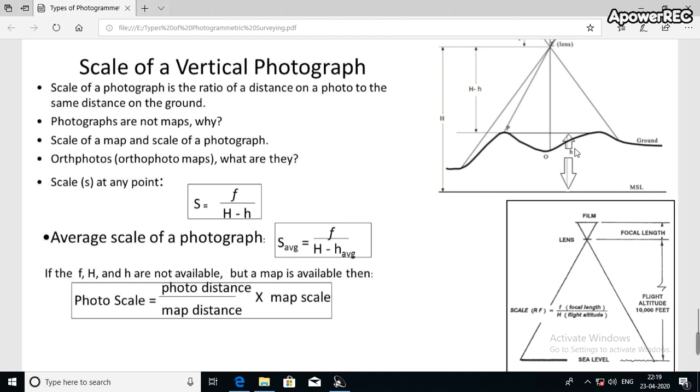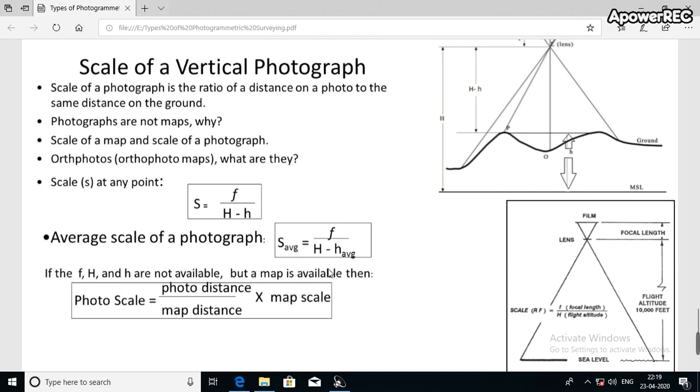In some cases, when we are going directly to the sea, or the area has the same elevation as the sea, that is flat terrain, then the scale will be f divided by capital H.